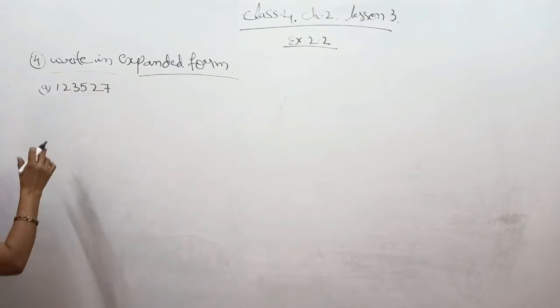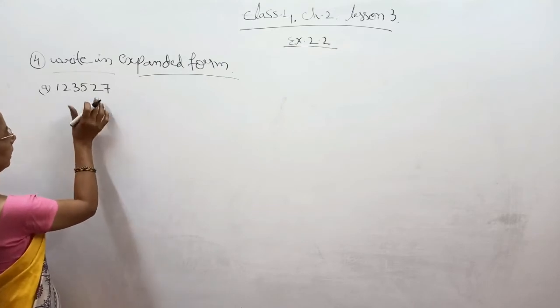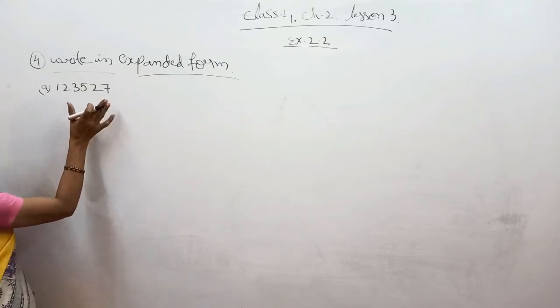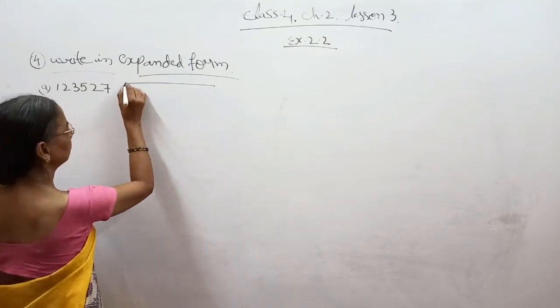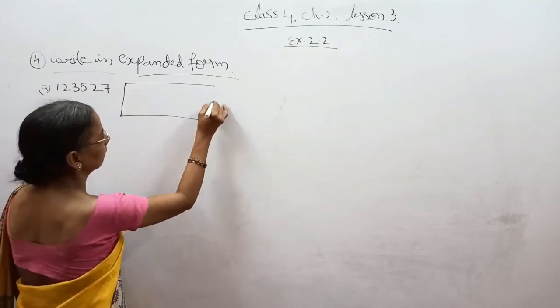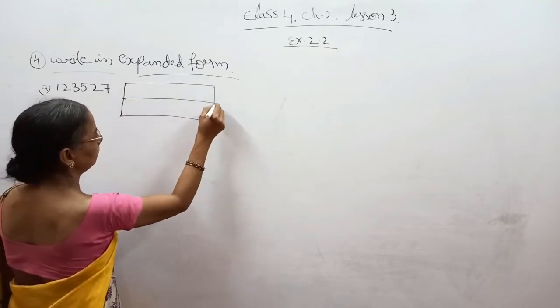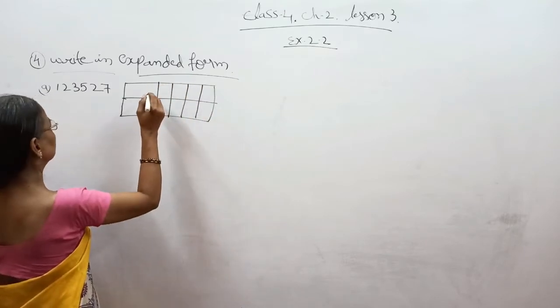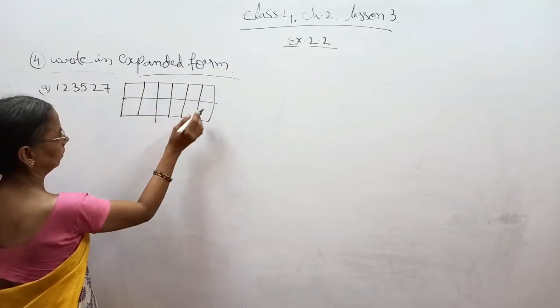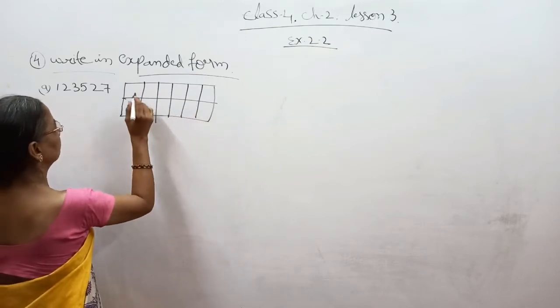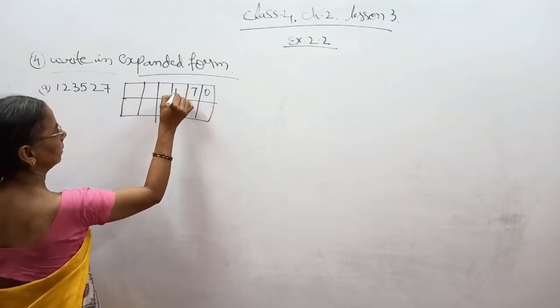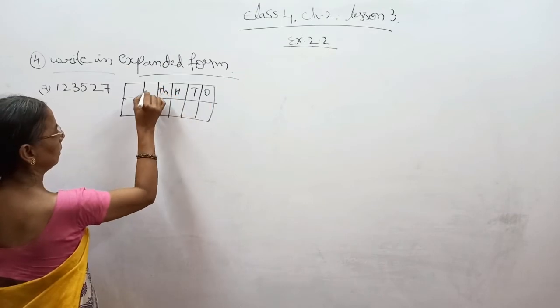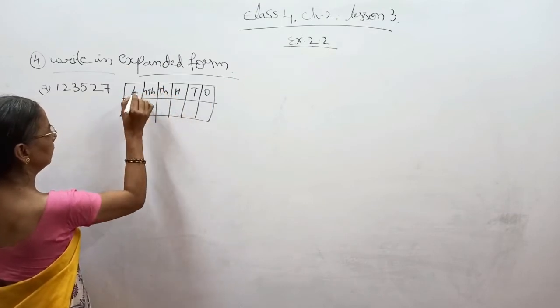Now, first, to get the value of the numbers easily, we can make a chart. It is so simple: we have to draw a chart with ones, tens, hundreds, thousands, ten thousands, lakh.